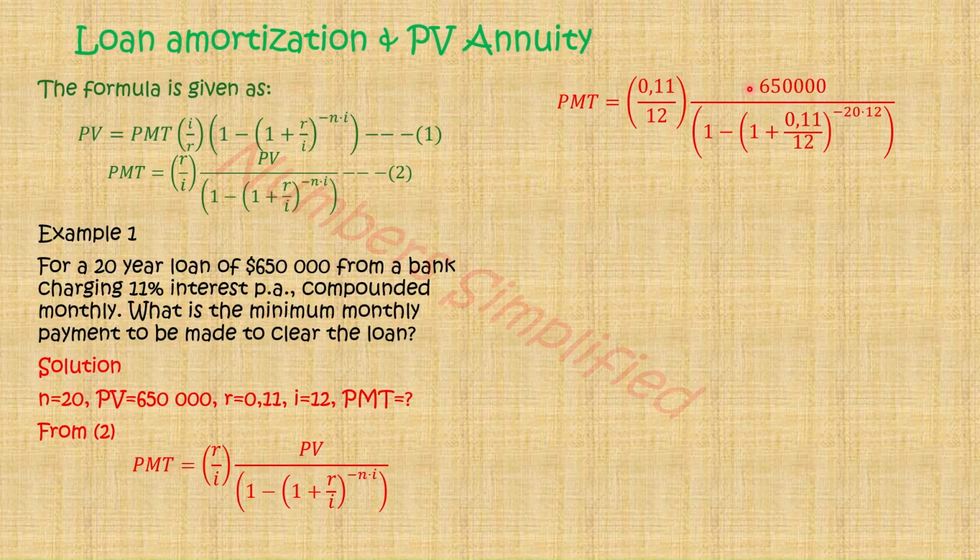Then the last thing that remains is the number of years. There are 20 years, and this is in the power. So we substitute that. We have to make sure that we have substituted everything, and that we have substituted everything in the right place. Otherwise, all our work would be in vain.